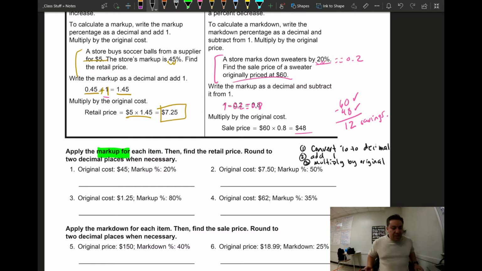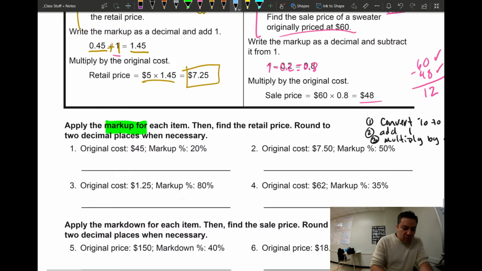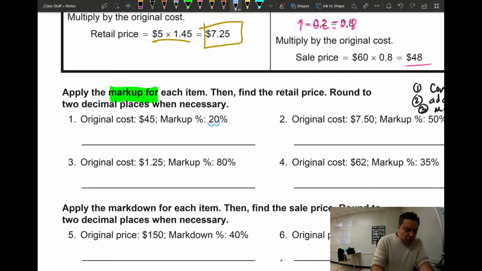Number 1, it says the cost is $45, markup 20%. So the first thing that I'm going to do is convert that 20 into a decimal. And the way to do it, move the decimal 2 places to the left. So this is 0.2 or 0.20, the same thing. And then I'm going to add 1 to that. So that's going to give me 1.2.